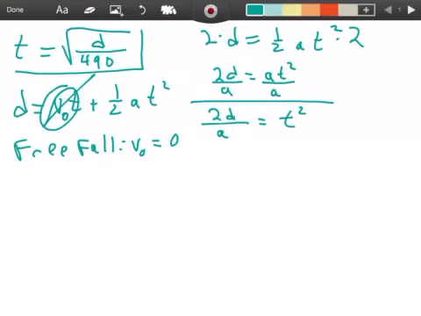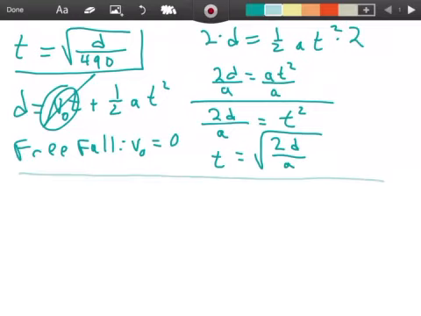Switching sides, so trading sides on the equation and taking the square root, we get that time is the square root of 2 times the distance divided by the acceleration. Now we have an equation solved for time that has a square root in it, but we have 2d over a, and we want to see, can we get d over 490?